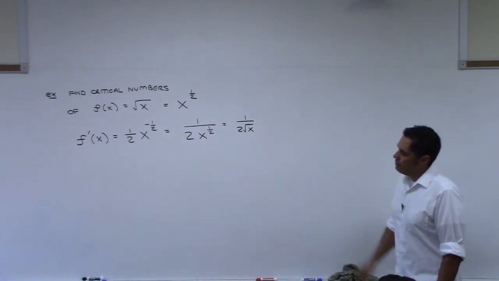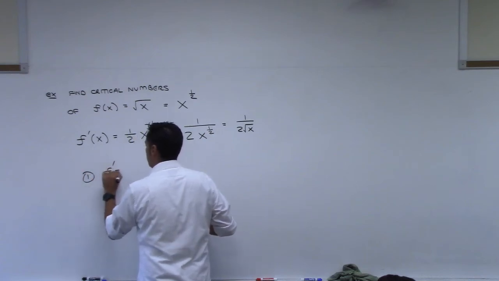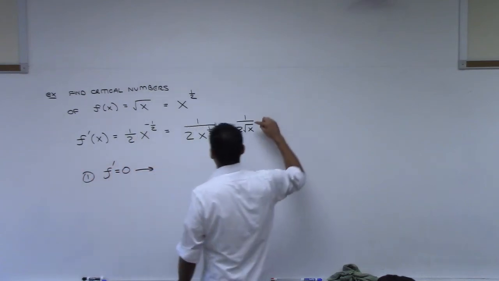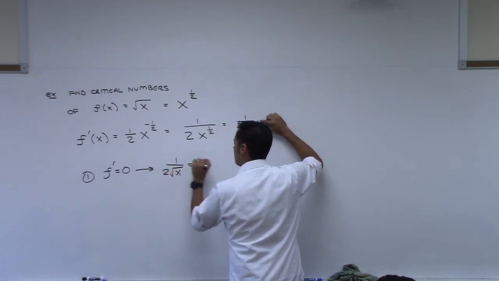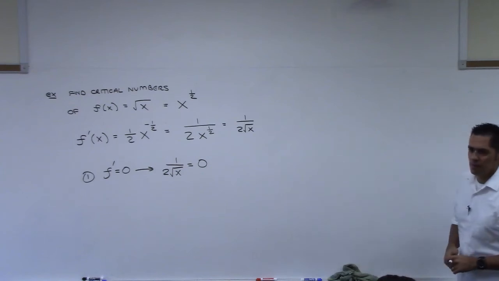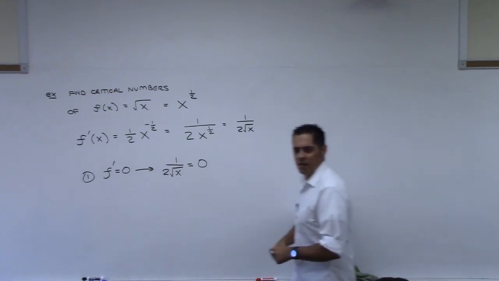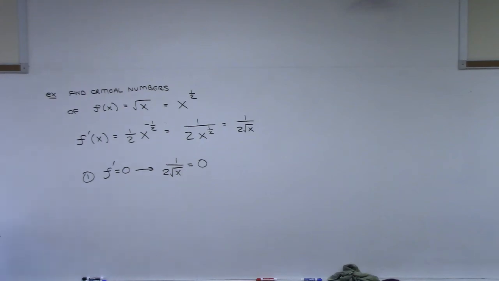All right, now, first thing, where's the derivative 0? So we're going to take this derivative and set it equal to 0. How in the world do we solve that equation? How do you solve that for x?